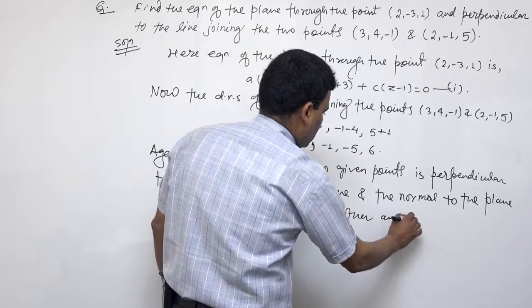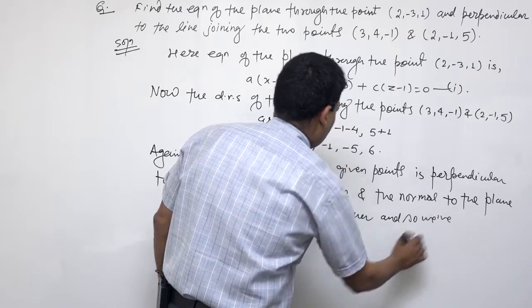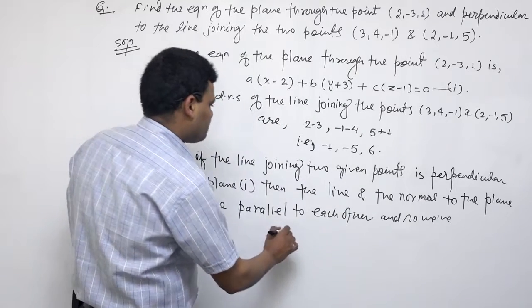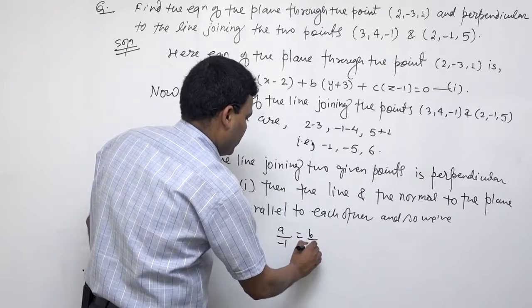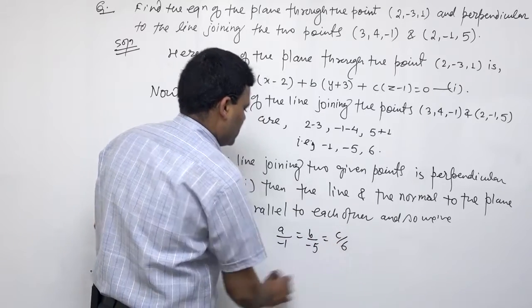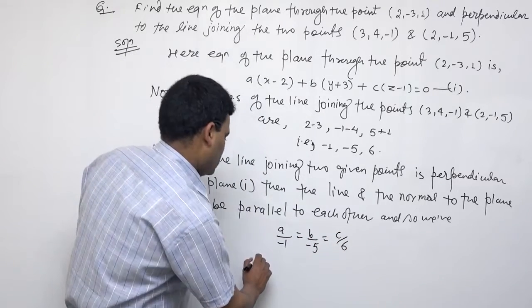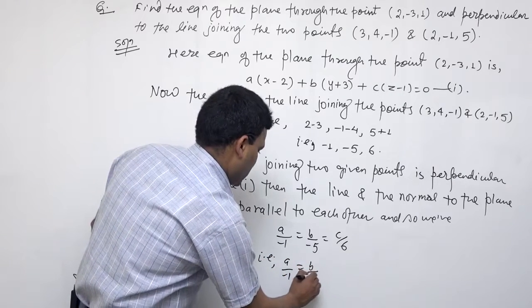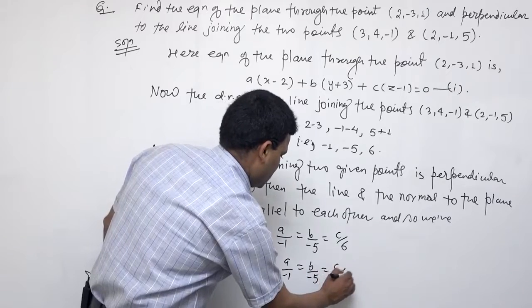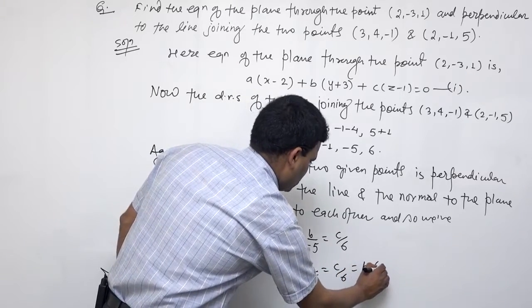And so we have a upon minus 1 equals to b upon minus 5 equals to c upon 6 equals to k.